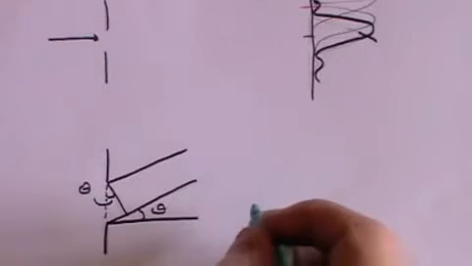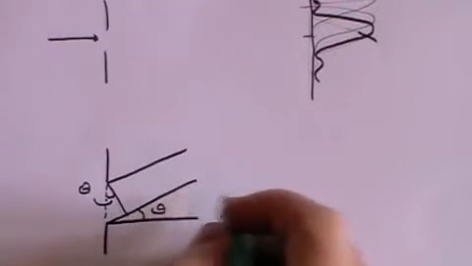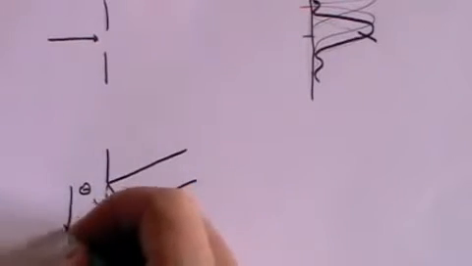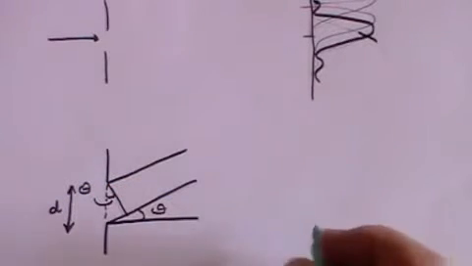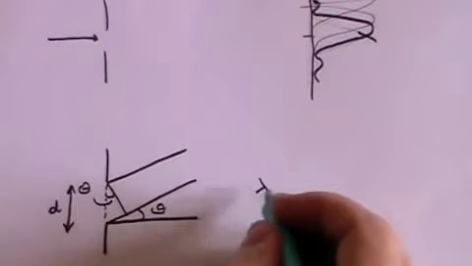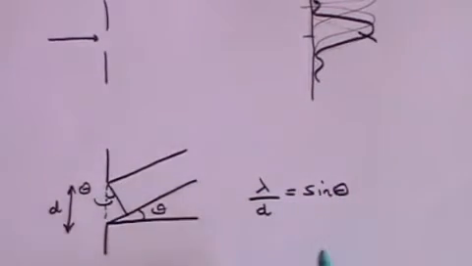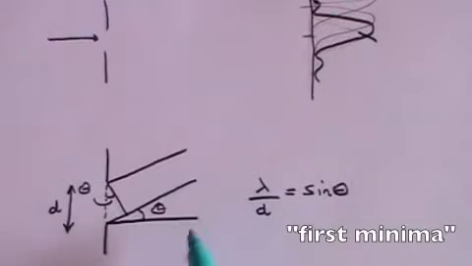And what we showed was that if the wavelength of the light is lambda and the width of the gap is d, then lambda over d is equal to sine theta, where theta is this angle here, the angle to the first fringe.